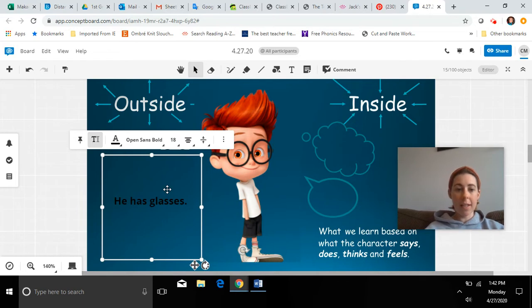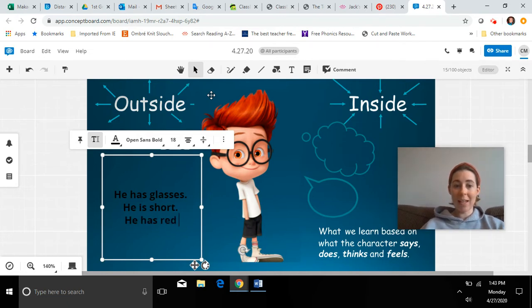I have an idea. He is short. To me, in this picture, he looks like he is short. What else? What else do you see? I see something up here. He has red hair.